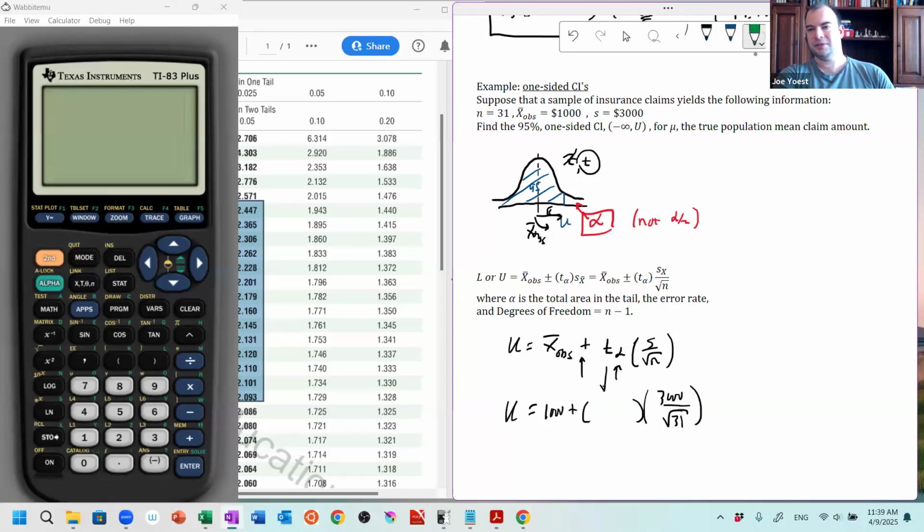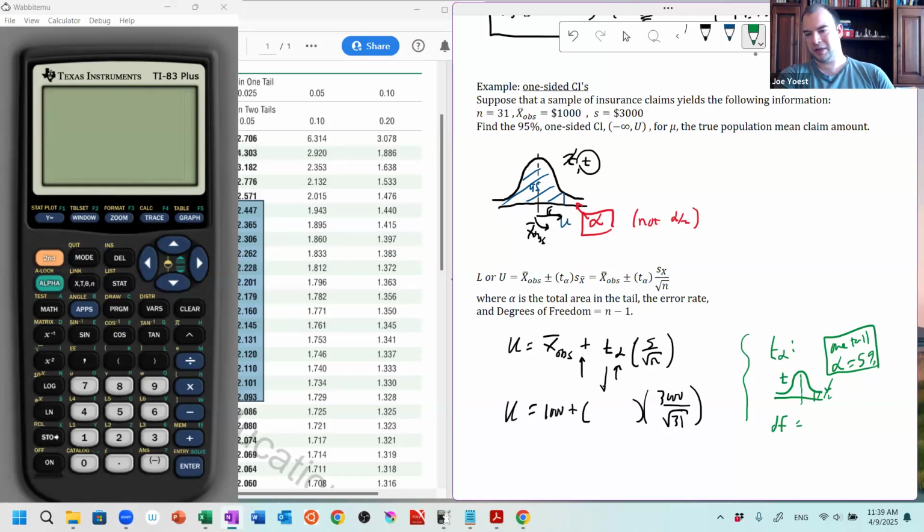And then for T alpha, so what do I have? I have a T index that I'm looking for that has an entire area alpha or an entire 5% in one tail. So this is a one tail alpha 5%. And my degrees of freedom, which T distribution am I working with here?